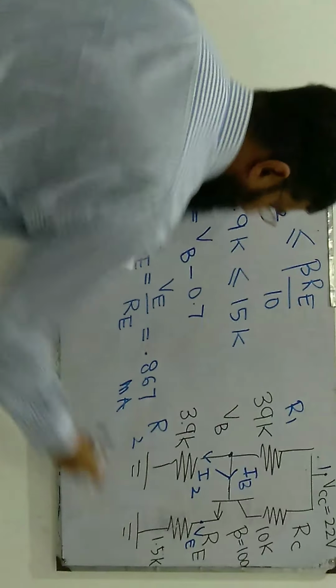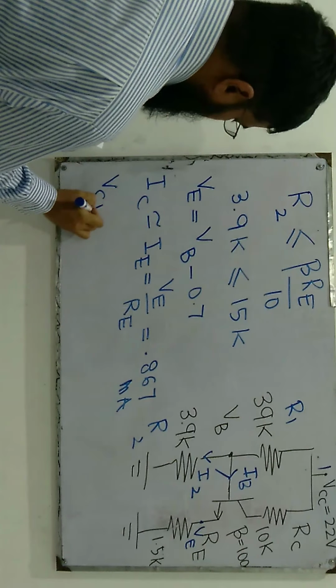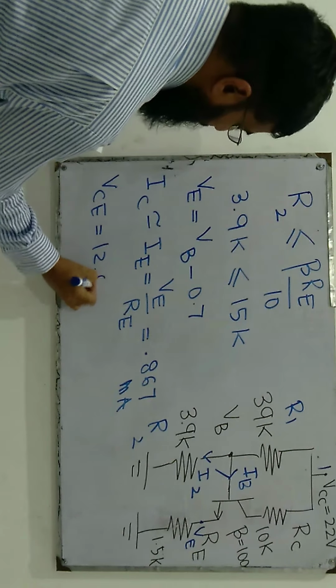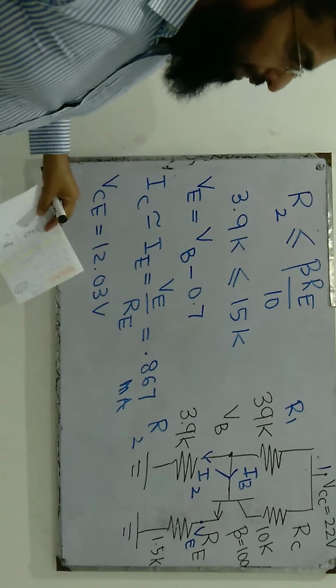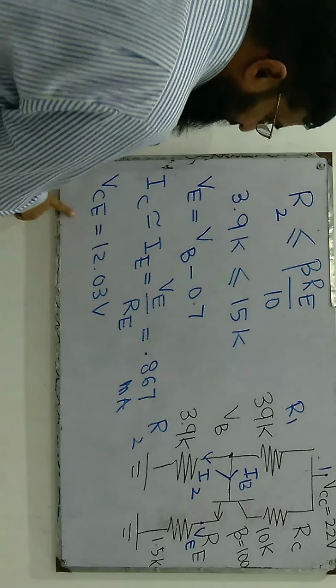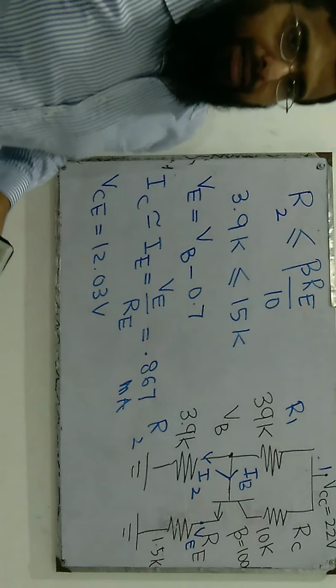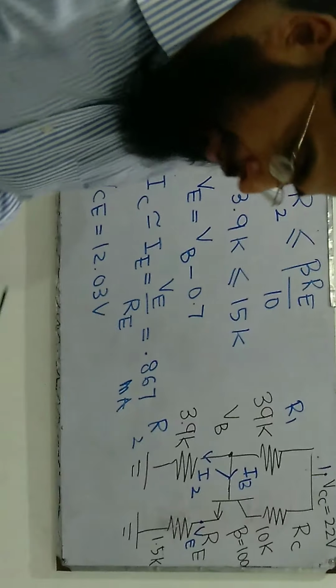And we can apply the output loop equation to find the value of VCE, which comes out to be 12.03 volts. Now we compare the two values of IC and VCE obtained using exact analysis and approximate analysis in a table.